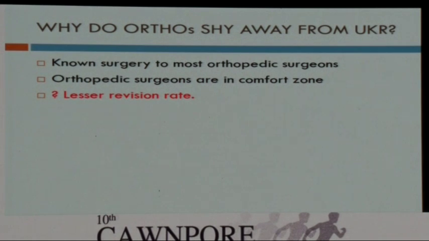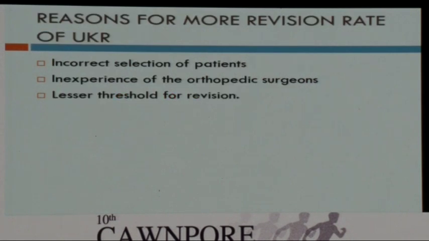Will I be able to do it? What will be the result? There are so many conflicting reports, whether it's good or bad. People are saying that Oxford knee replacement, or fixed bearing replacement, as a group, unicompartmental knee replacement has got a worse revision rate. So if that is so, should I be doing UKR? And if I do UKR and the patient does have a revision, will I be blamed for it?